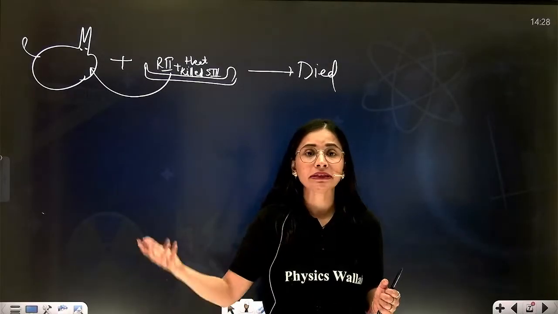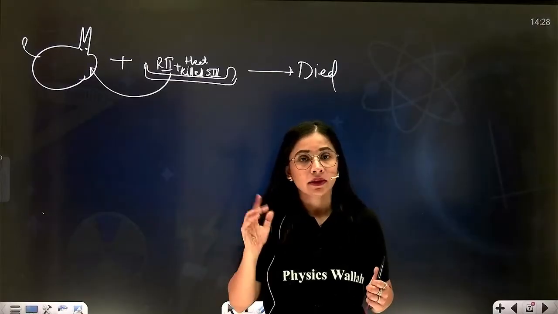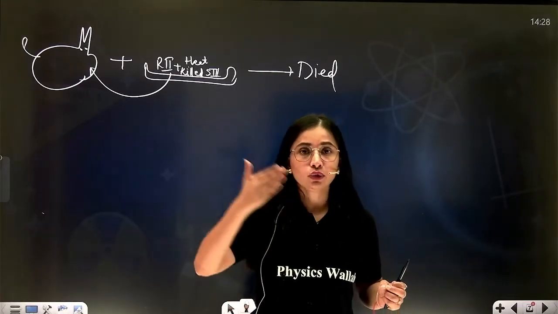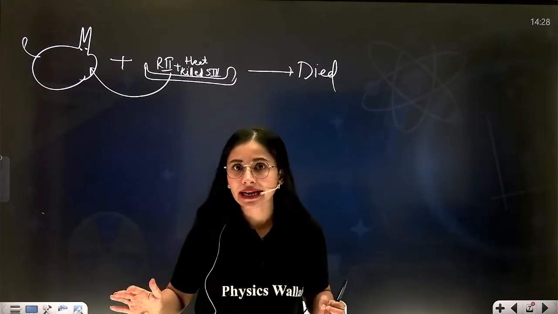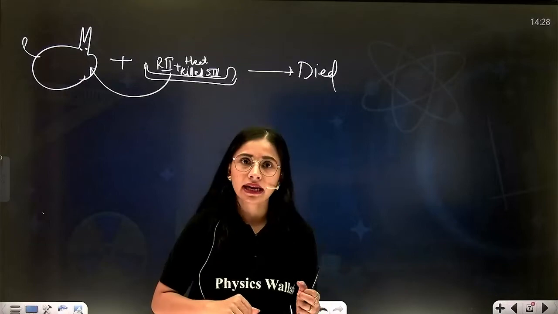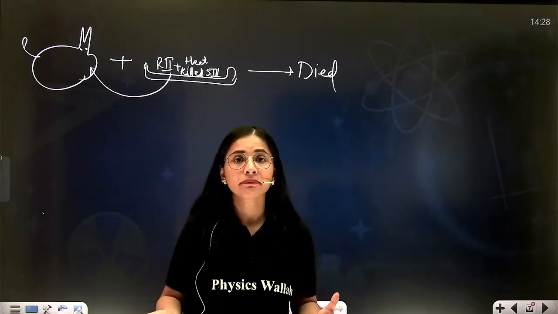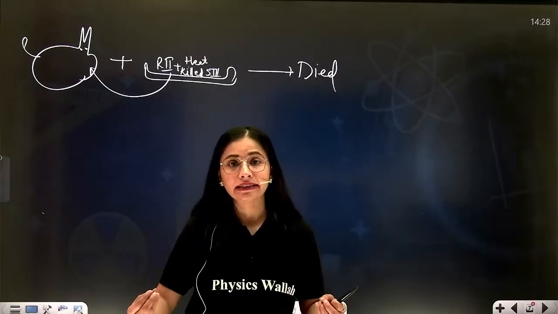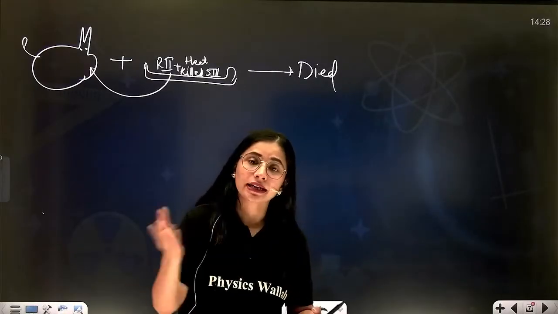The mice actually died. Griffith got confused: when R2 was given alone, the mice was alive; when heat killed S3 was given alone, the mice was alive. So what actually happened between R2 and heat killed S3 that together they killed the mice?